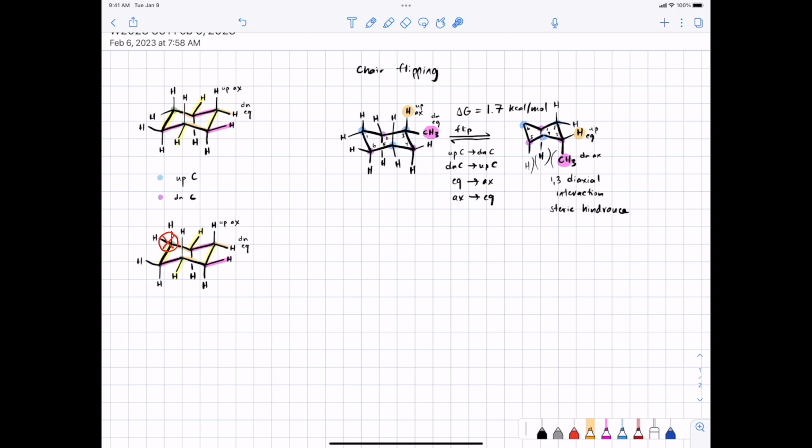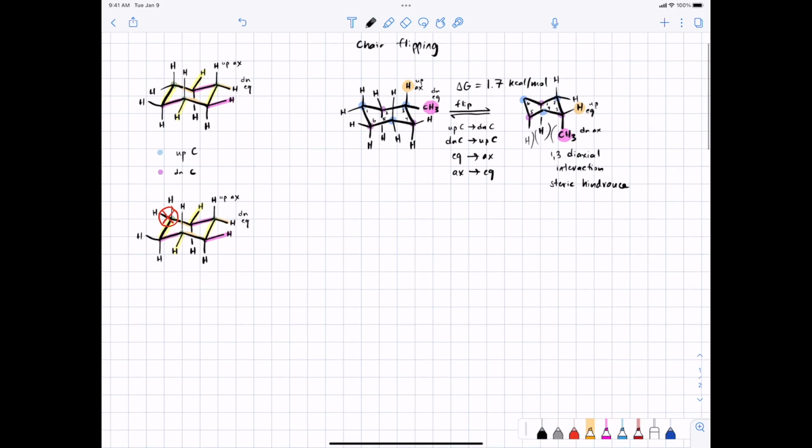This difference in free energy between having something equatorial versus axial is one measure of how big things are in terms of OChem. It's a measure of steric hindrance or steric size. And so some organic chemists have tabulated some values for various groups so that you can see what these trends are.